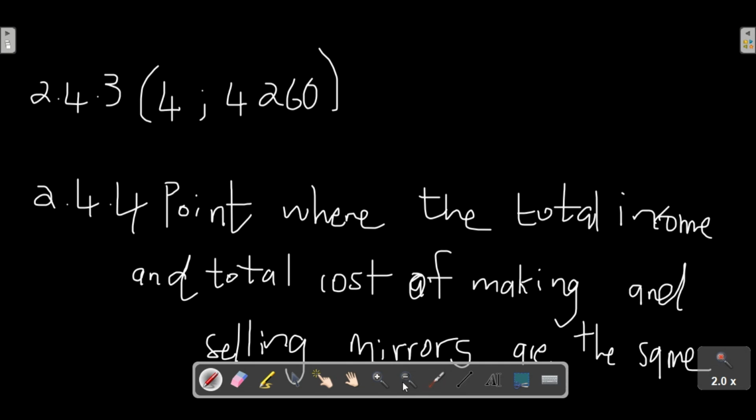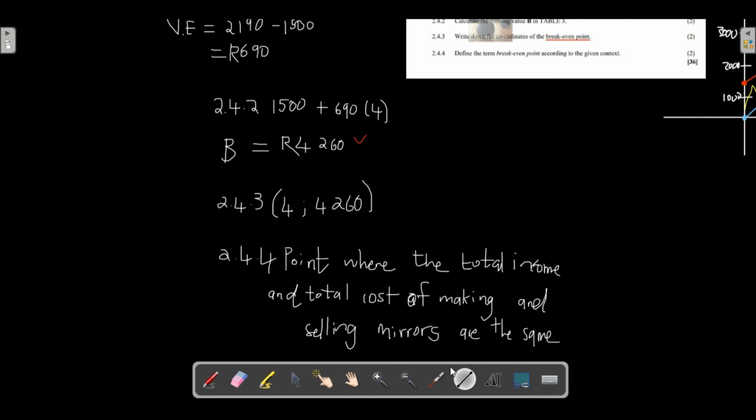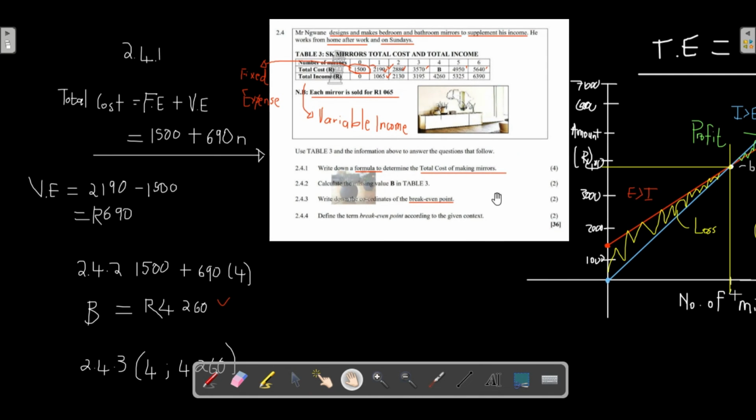You have to ensure that you include the selling of mirrors, because that is the context.